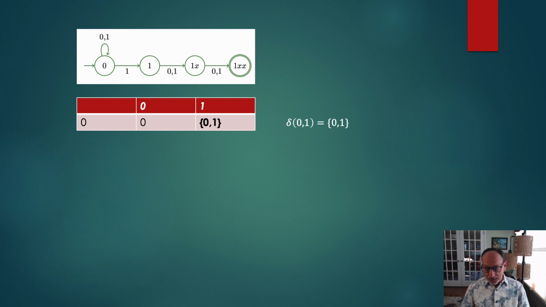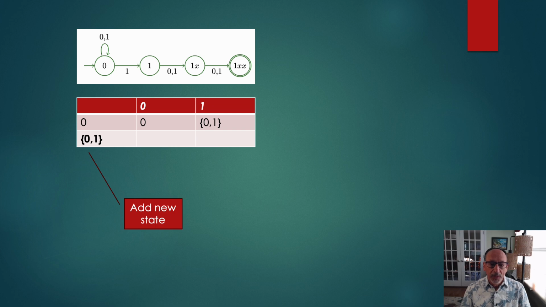Now I'm going to add that to my list of states on the left and then repeat the process. I'm going to ask, where does that take me with the different inputs? To do that, I'm going to look at each individual state inside of the composite state and then combine the results of where I can go.